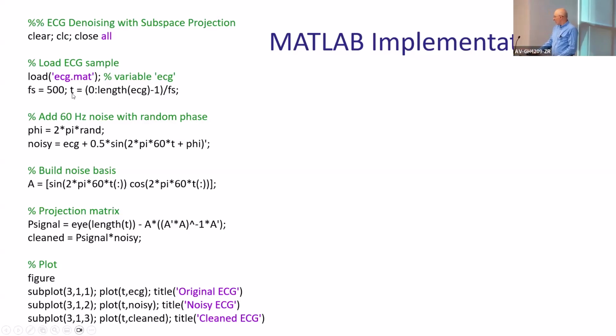And then you can define time for that entire signal based on the length of that ECG vector that you have, which would be from 0 to the last sample minus 1. Because indices in MATLAB are 1, 2, 3, 4, 5, so length will not start with 0, it will start with 1. But you want the time to start with 0 seconds, right?